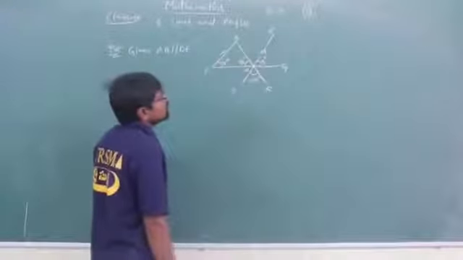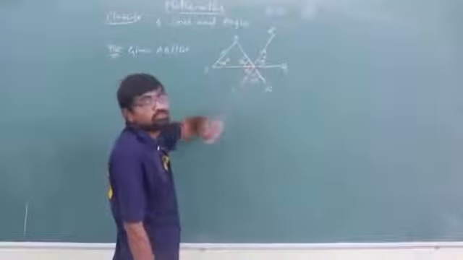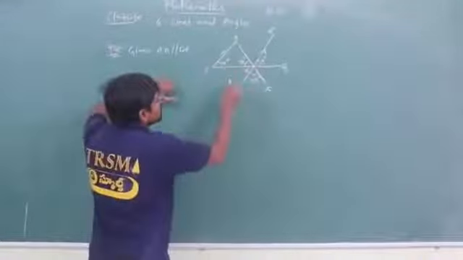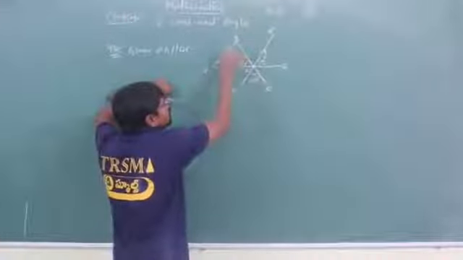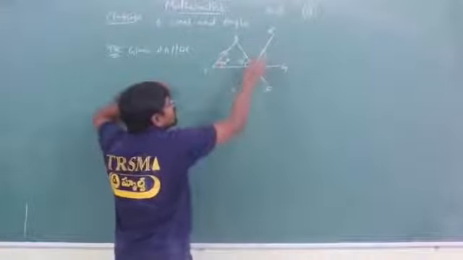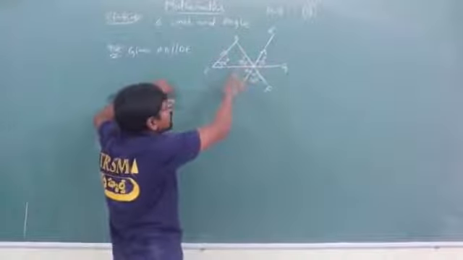First of all, we need to find the value of x and the value of y. First, depending upon x, these both are parallel, isn't it? For this parallel, we have one transversal, and x is lying on that transversal.